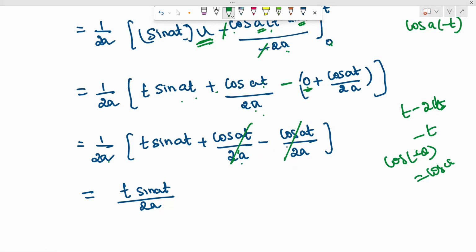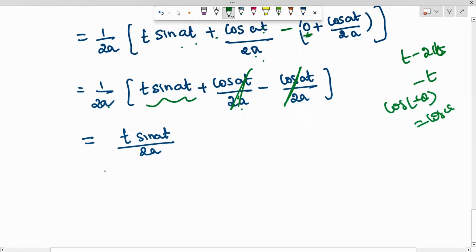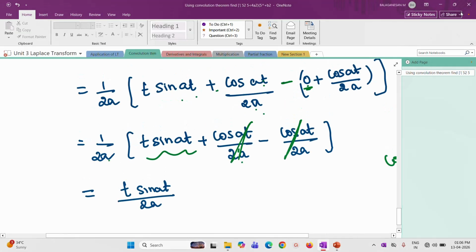Here cos at by 2a and cos at by 2a have opposite signs, we can remove these two terms. We are getting now t into sin at here. Outside we are having 1 by 2a, which is equal to t sin at divided by 2a, which is the final answer. That's all.